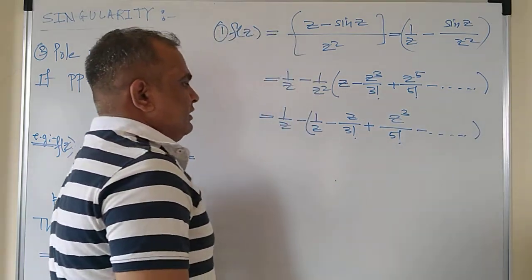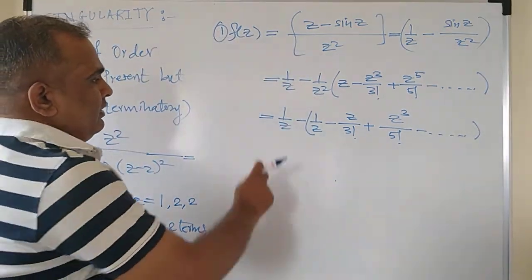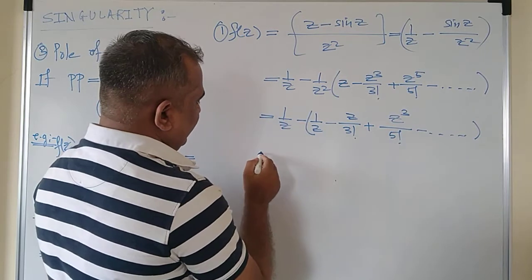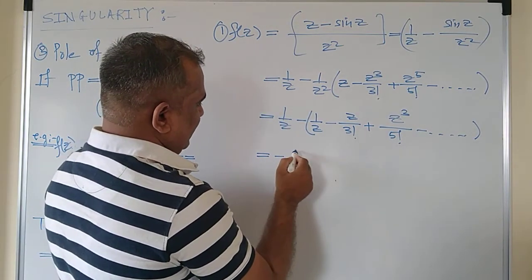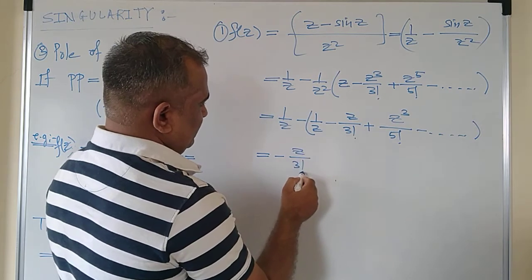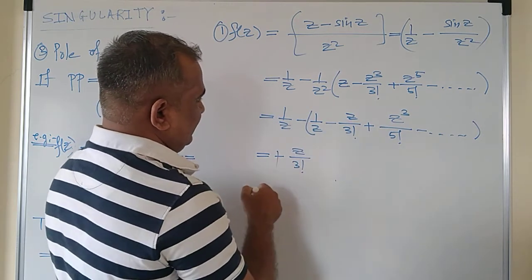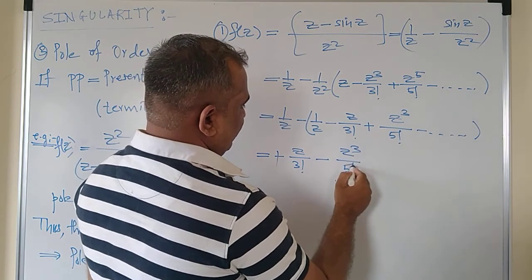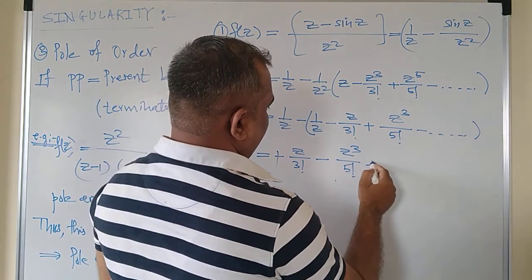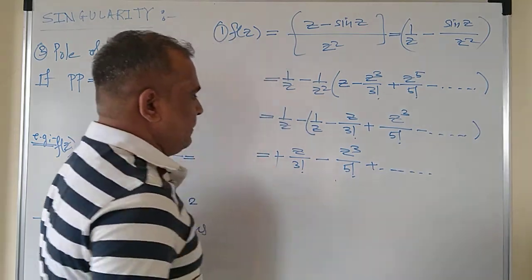Now 1 upon z and minus 1 upon z will cancel each other, and you will get minus z upon 3 factorial, minus minus will be plus, this will be z cube upon 5 factorial, and the next terms follow in this way.